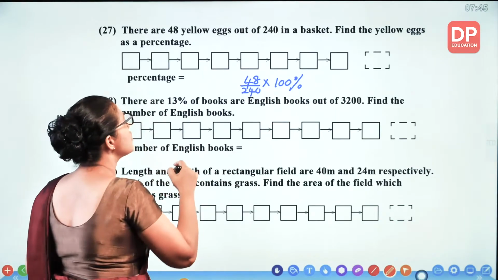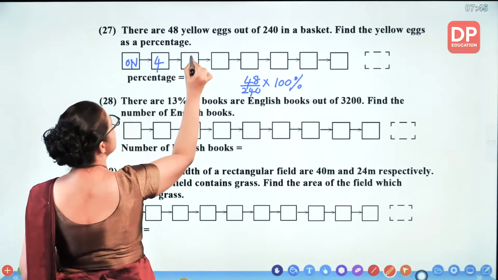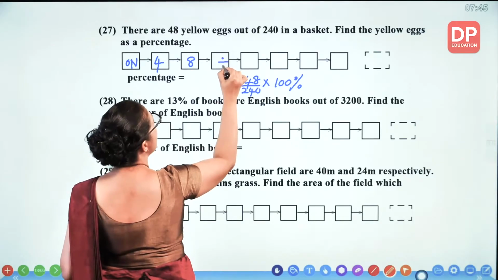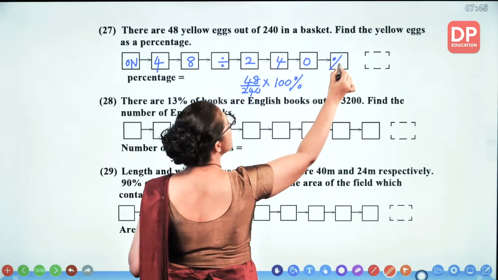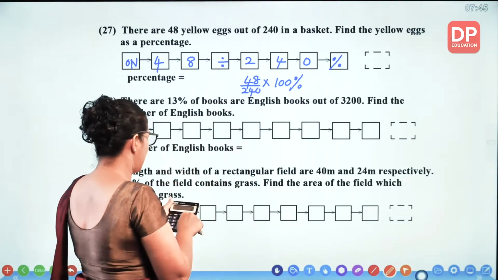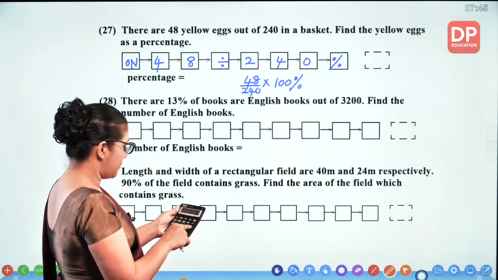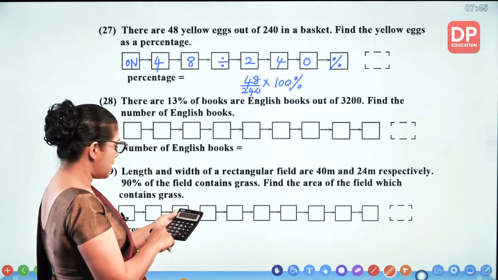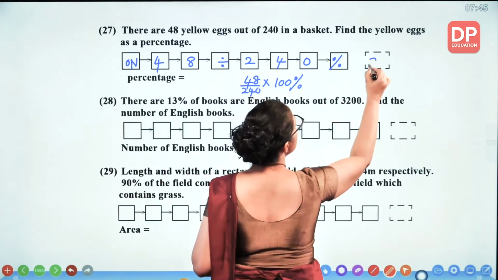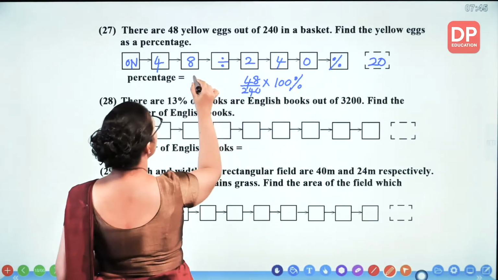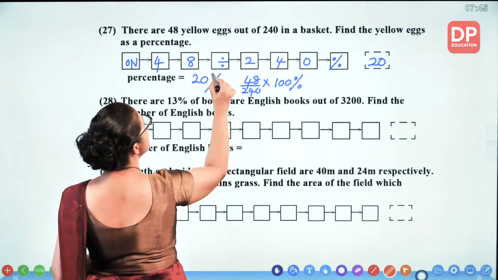So switch on the calculator, 48 divided by 240 and then the percentage sign. You get 20. So as a percentage, I can write 20%.